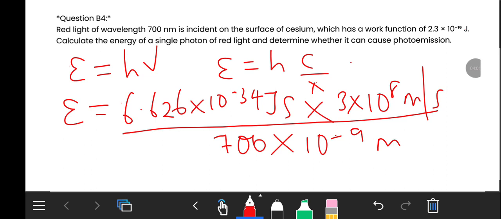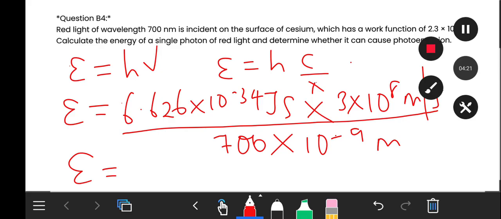So energy will be equal to, if you punch this on your calculator, 6.626 times 10 to the power negative 34 multiplied by 3 times 10 to the power 8 divided by 700 times 10 to the power negative 9.